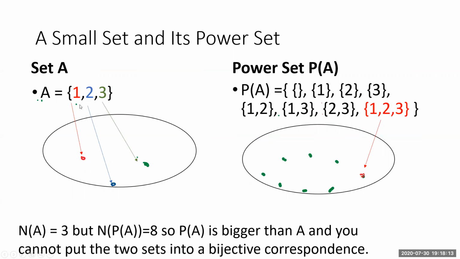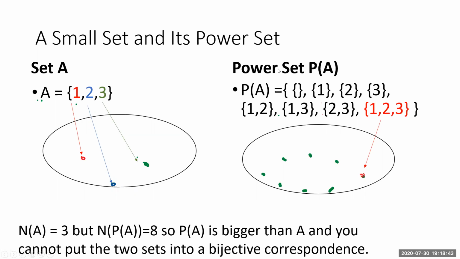So here's an example with a small set. Set A just contains 1, 2, and 3. The power set of A, that's the set of all the subsets of A, and I've listed them out here. There are 8 subsets of the set A. And so you cannot put A into one-to-one correspondence with its power set because the power set's bigger. They don't match up one-to-one.